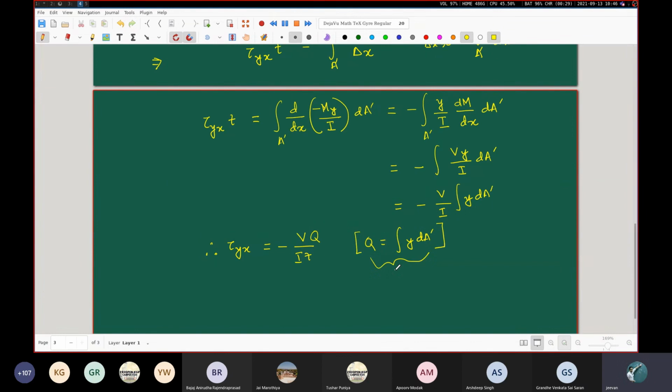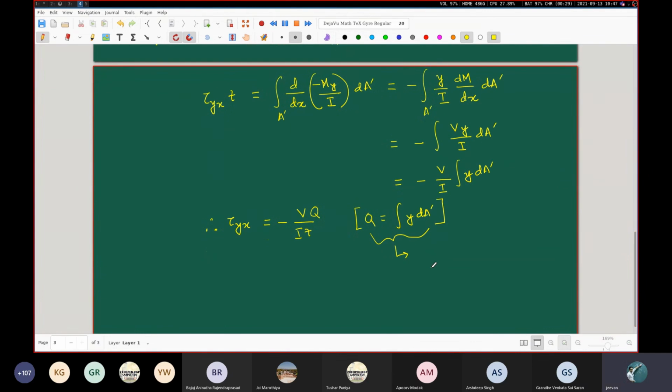This is referred to as, you already know this, tell me what it is. The first area moment of inertia. Yeah, it is the first moment of area.